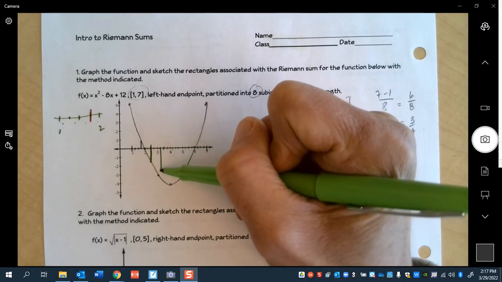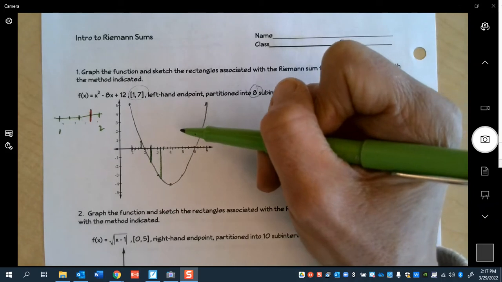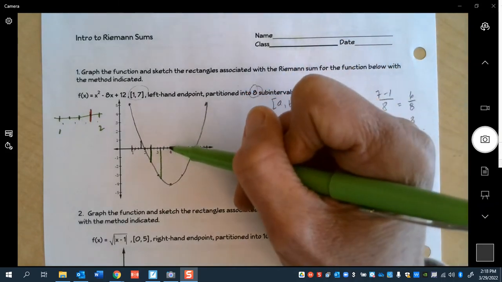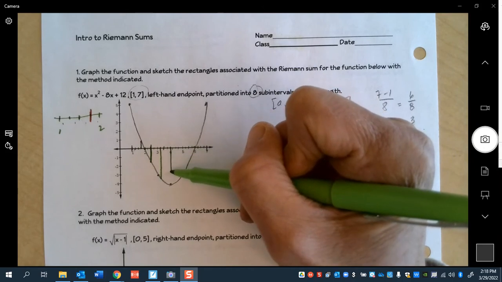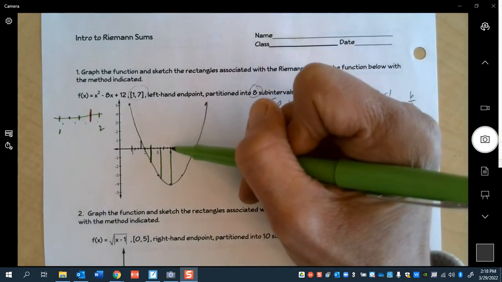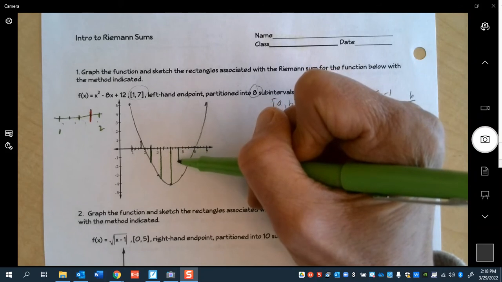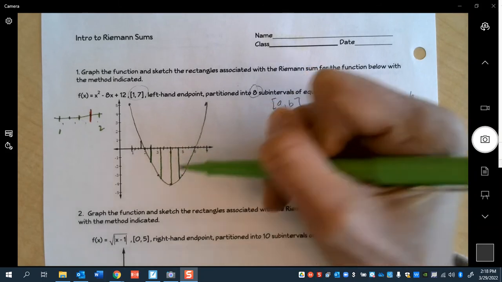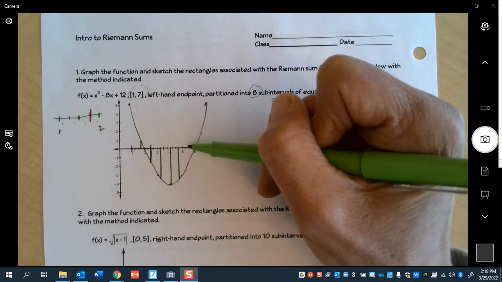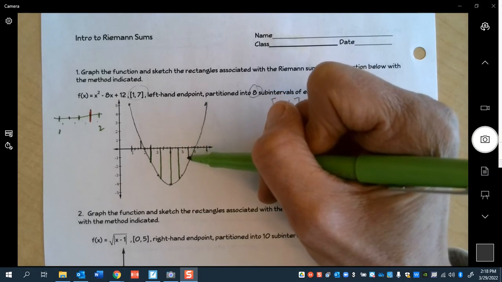And here is my vertical line. Again, 1, 2, 3, here is my vertical line. And again, 1, 2, 3, here's my vertical line. Once more, 1, 2, 3, here is my vertical line.